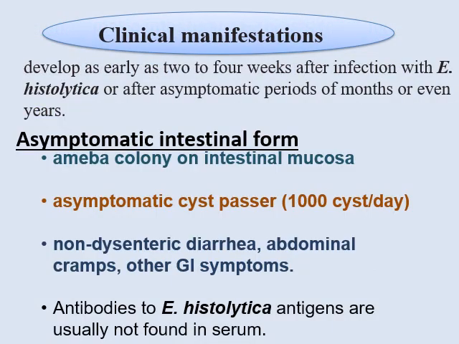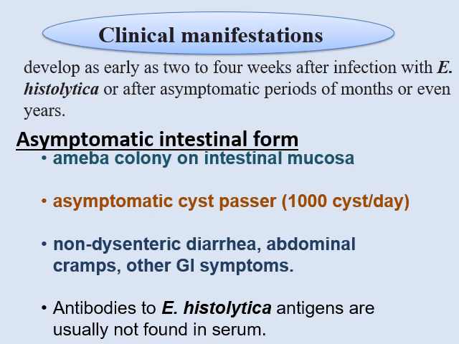Clinical manifestation. This develops as early as 2 to 4 weeks after infection with Entamoeba histolytica, or after an asymptomatic period of months or even years. As we said before, we have asymptomatic and symptomatic intestinal infection. In asymptomatic infection, the amoebae colonize the intestinal mucosa only.